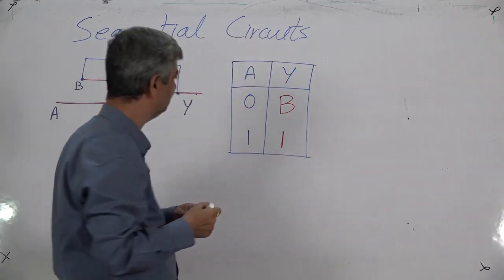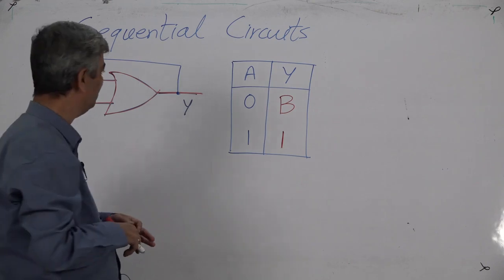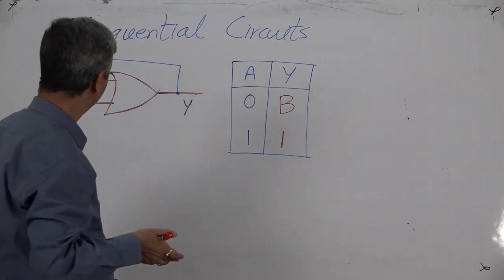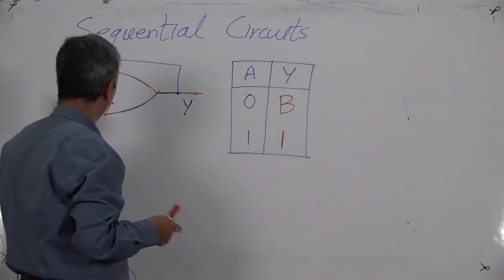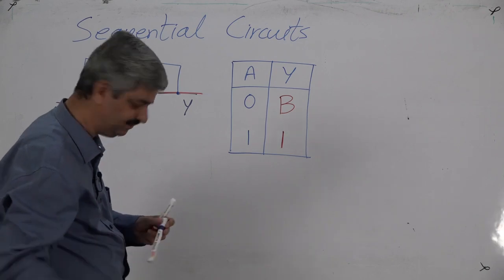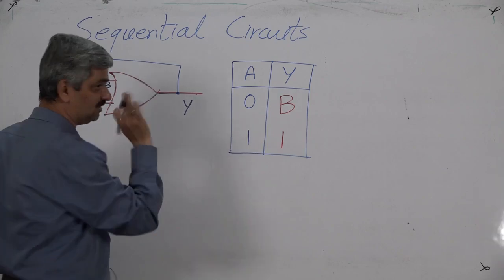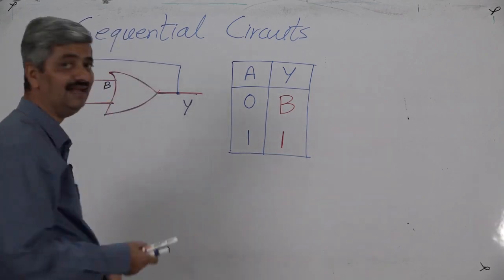Y equal to B. Right, so nothing wrong in it. But what is B? B is not independently connected, so I should not write B here; I will just write B here for understanding purposes. B is not connected from outside anywhere. So B is connected from Y. So what is B?